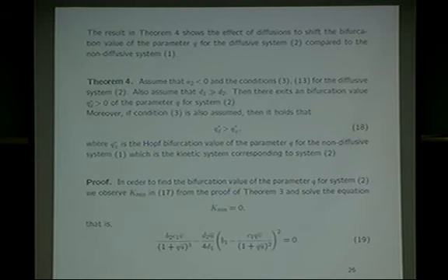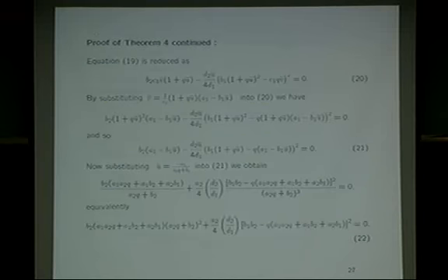And then, in order to find the bifurcation value, we will solve the equation K minimum is 0. That's this equation. If you solve that equation, first simplify it, then we obtain this equation using the solution U bar, which was obtained as this ratio.